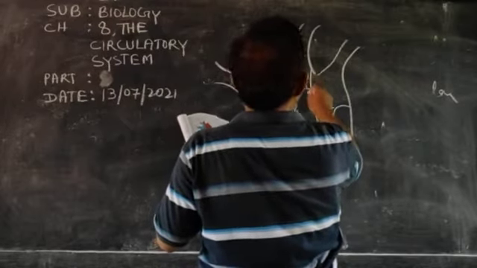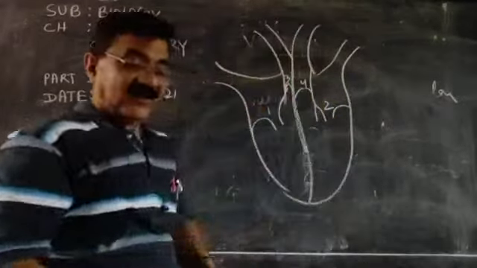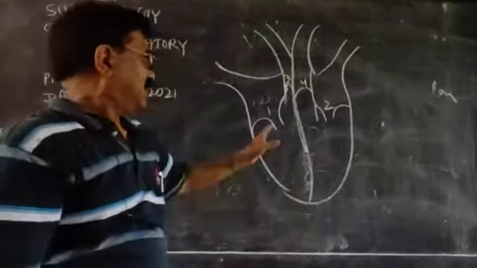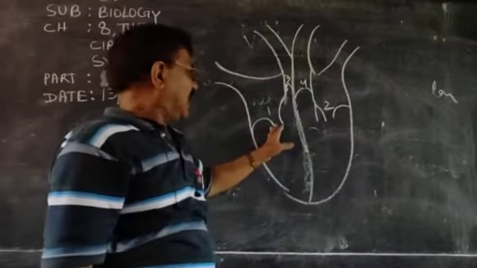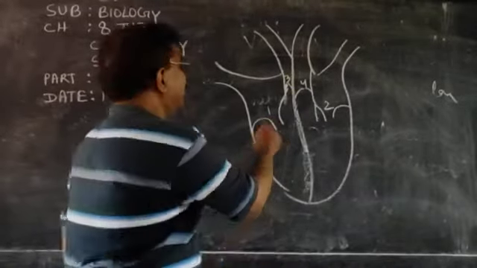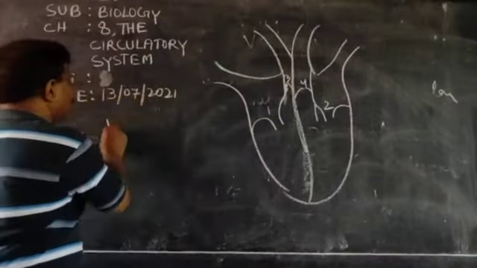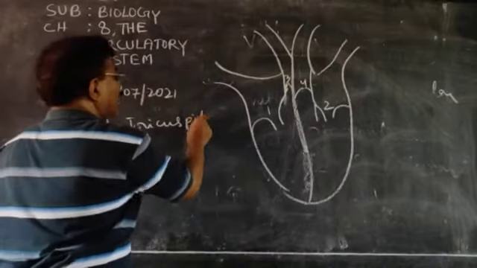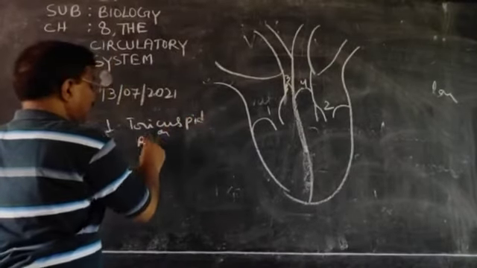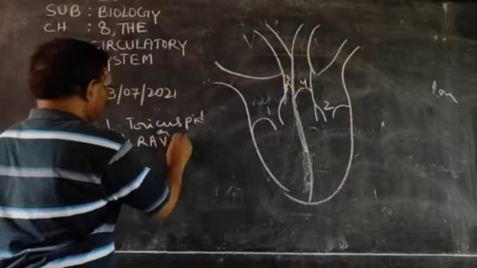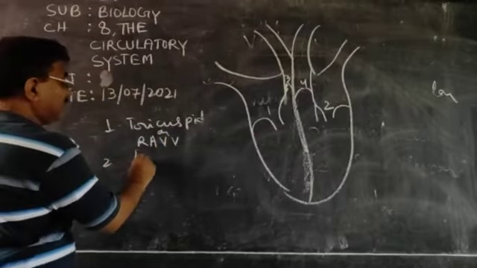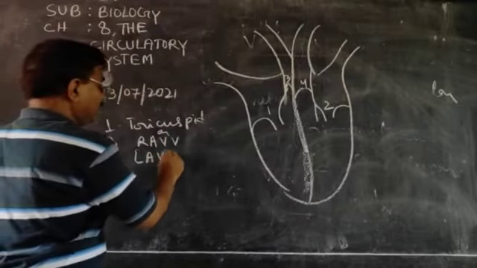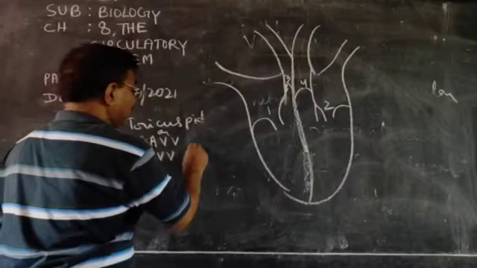See this. Number 1 is the right arterioventricular valve, means tricuspid valve. Number 2 is the left arterioventricular valve, or you can say bicuspid.